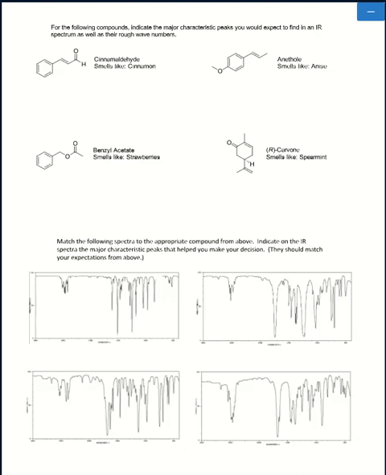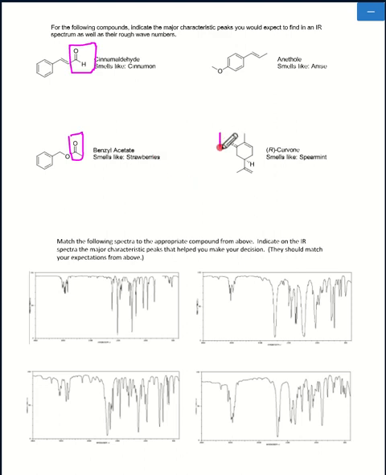Page 2 is going to be very similar. Essentially, you have various molecules, some that have carbonyls. This one in the case is an aldehyde. This one also has a carbonyl stretch that is part of an ester, a methyl ester.